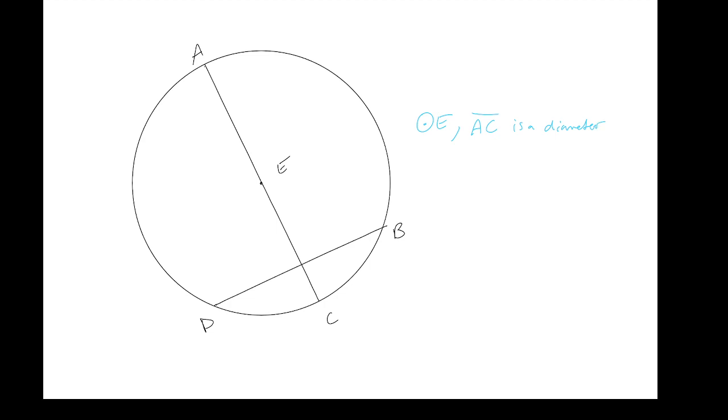All right, so here's what we're going to learn here. If I were to say that this here is the point where we're going to say that AC and BD intersect, and we'll call this point F, if this is perpendicular, then the following relationships are going to happen.